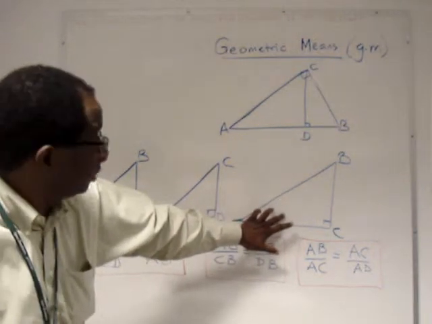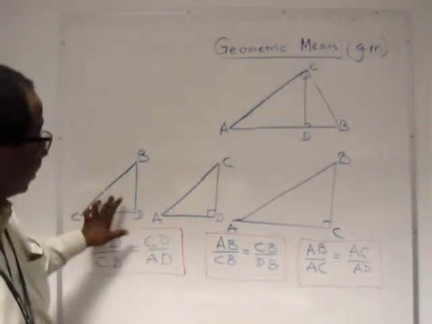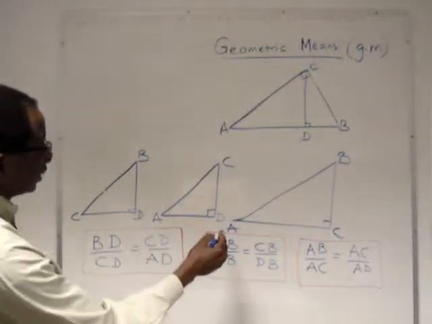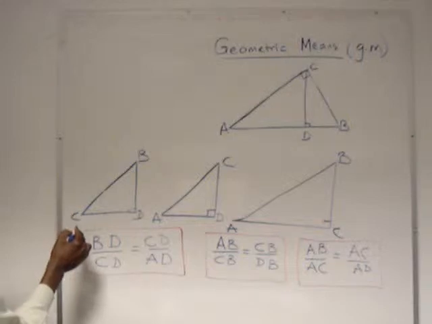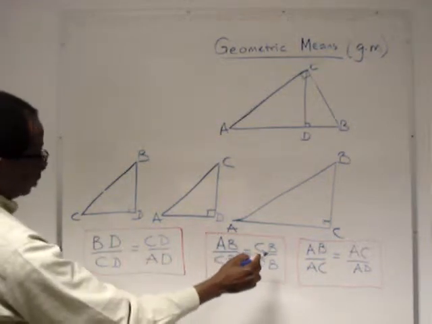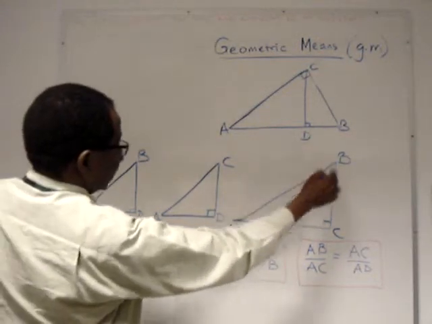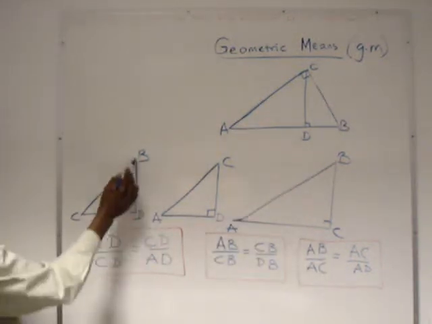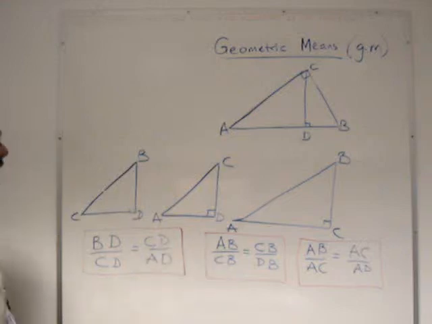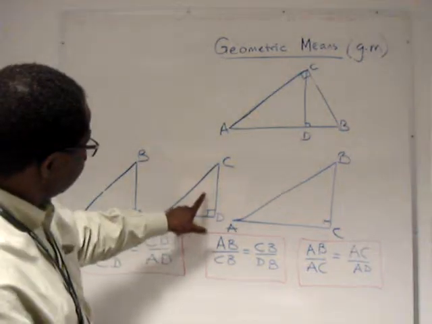Between the original big triangle and the bigger of the two smaller triangles. So that way hypotenuse over hypotenuse equals CB, which is short leg, over DB, short leg, okay? So that works fine.